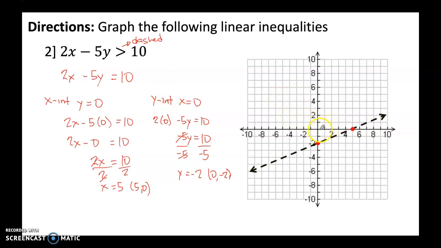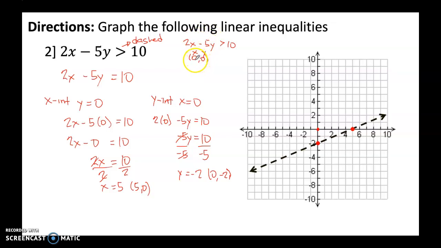Usually we use again the point of origin, or (0, 0). Now, using the inequality 2x minus 5y is greater than 10, our test point is (0, 0), where the value of x is 0 and the value of y is 0.